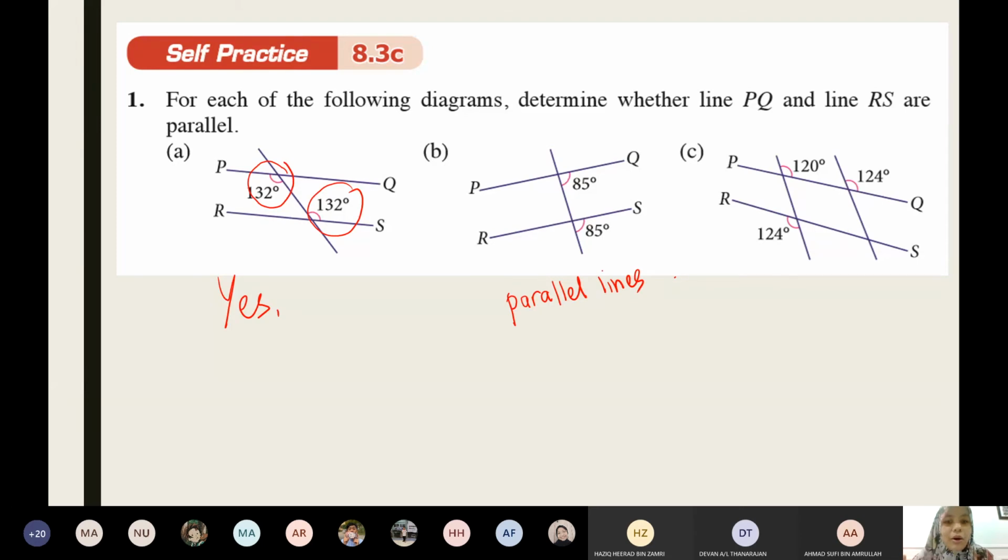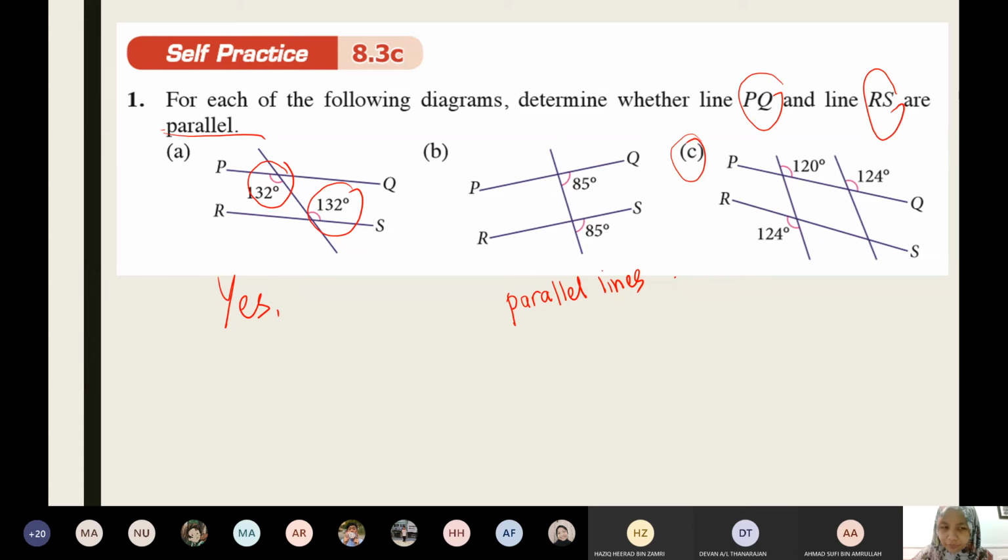Kita kena jawab berdasarkan apa soalan tu nak. Dia nak tanya PQ and RS tu parallel atau tidak. Kalau kamu jawab yes or no, mungkin tidak tepat sangat. Walaupun obviously cikgunya faham, but make sure menjawab soalan lah. Kalau dia kata true or false, jawablah true or false. Kalau dia kata yes or no, yes or no. Kalau dia kata parallel or non-parallel, that means you have to jawab parallel or non-parallel.